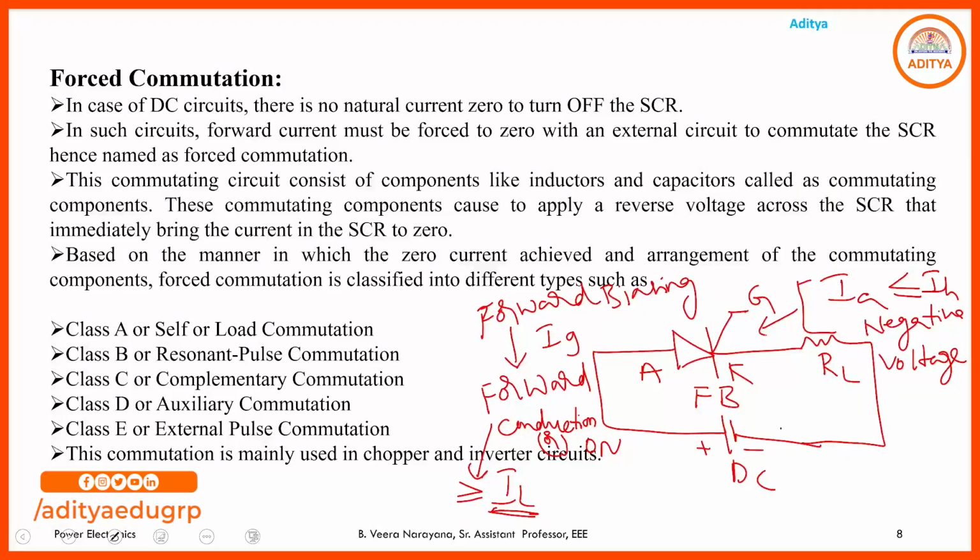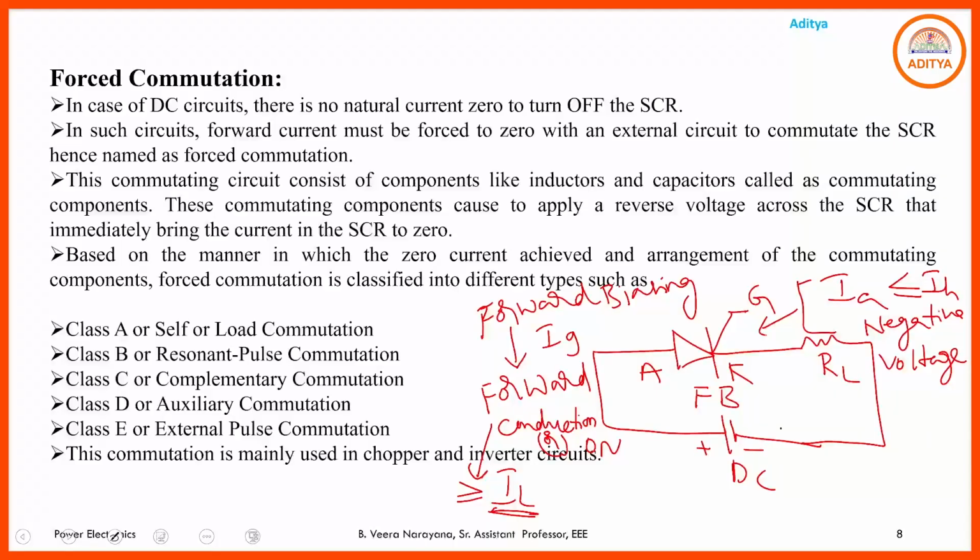We already said the commutating voltage is used to bring the SCR into the off state. In forced commutation, we use some external circuits and forcibly reduce the current flow through the SCR below the holding current to 0, and some negative voltage will be available across the SCR.